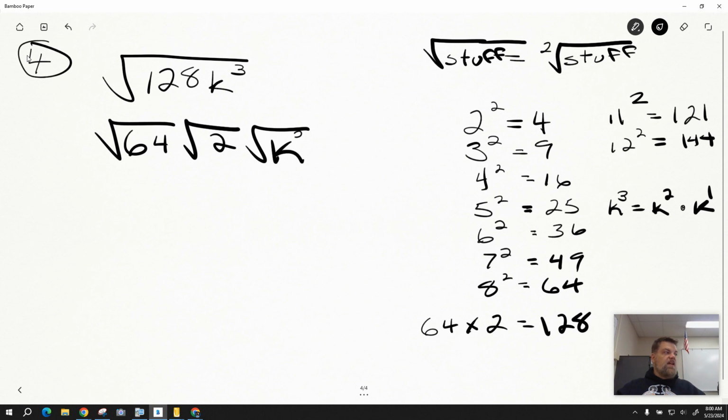So I'm going to put k squared times k to the first. And then remember that 64 is the same as 8 squared, right? Let me write it this way: the square root of 8 squared, times the square root of 2.